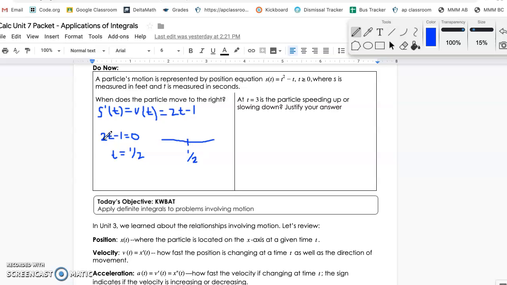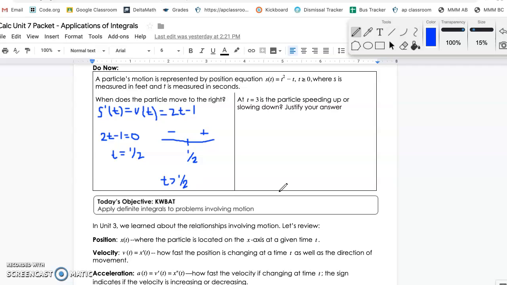If I plug in 0, this is negative. And when I plug in 1, which is bigger than 1/2, 2 times 1 minus 1 is positive. So that means the object is moving to the right when t is greater than 1/2. So for all t greater than 1/2, the object is moving to the right.